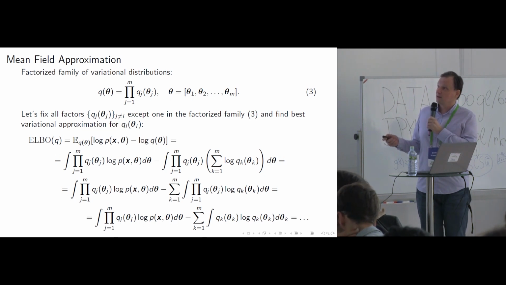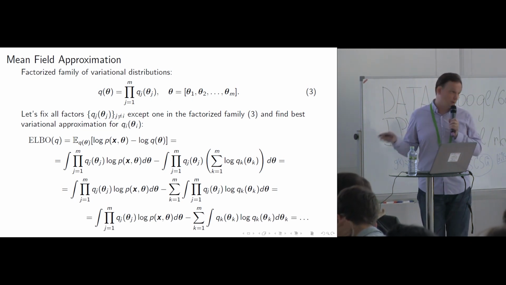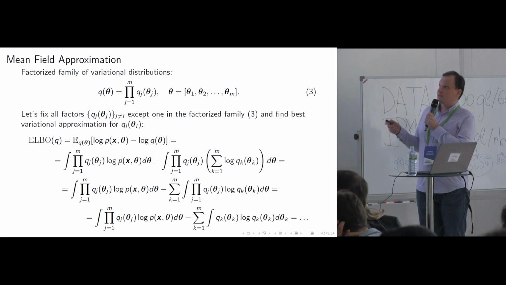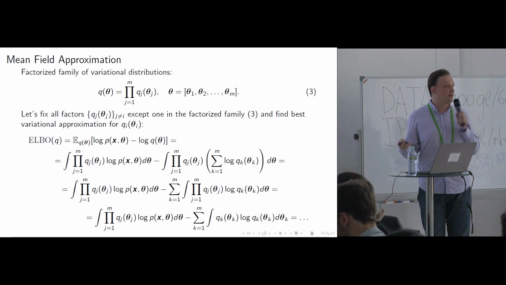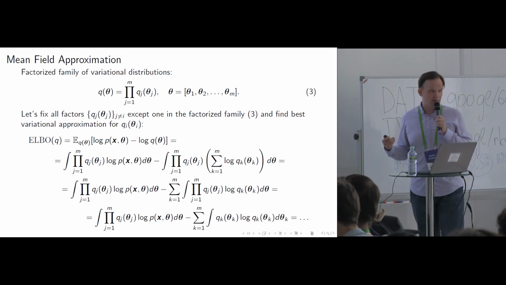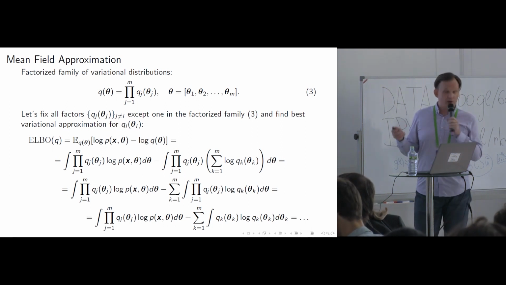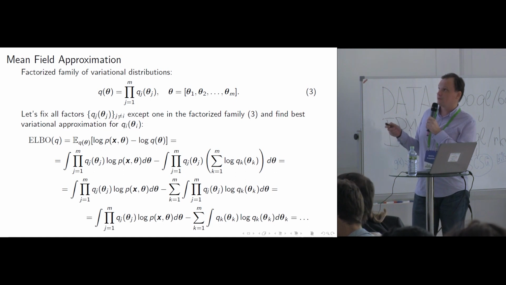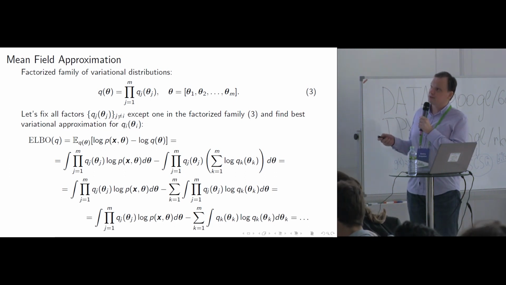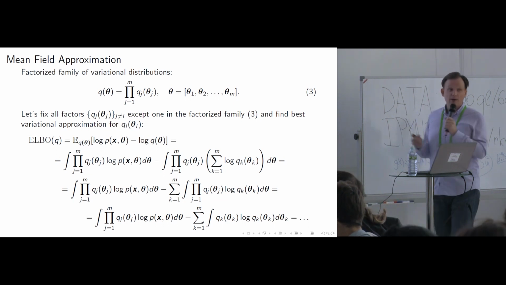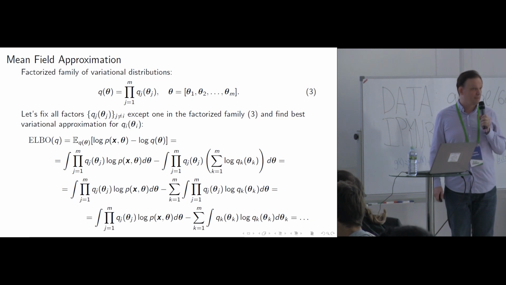Okay, and then let's try to maximize our evidence lower bound within this family of distribution, again in a coordinate-wise manner, like in EM algorithm. So on each iteration, we fix all the factors here except for one, and then optimize this ELBO with respect to this factor Qi.